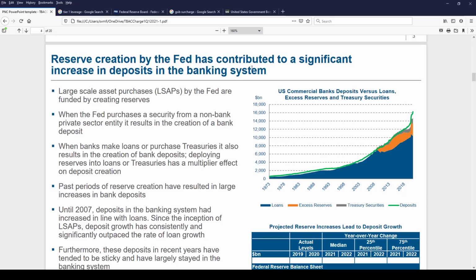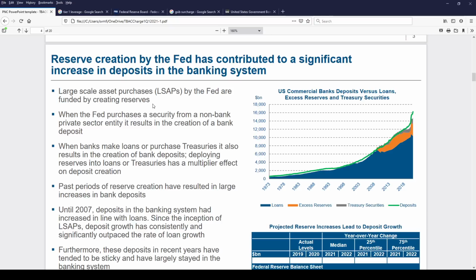So reserve creation by the Fed has contributed to a significant increase in deposits in the banking system. And we talked about this as the demand for money has increased because there's really no alternative. Why go out and put your money out in a 5-year CD when cash is effectively paying the same rate? Why tie your money up? So large-scale asset purchases by the Fed are funded by creating reserves.